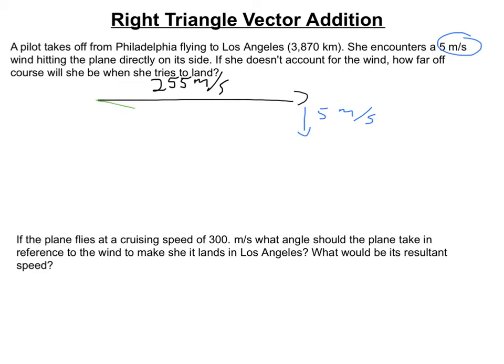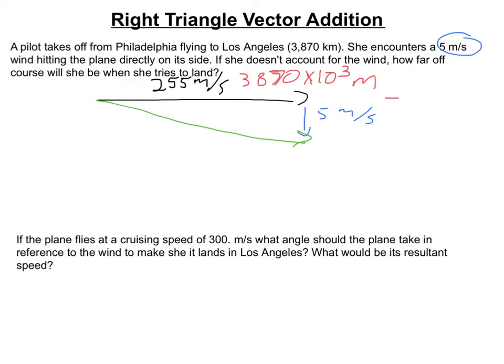But this isn't looking for the resultant of this triangle. Instead, it gives some other details here. So let's change colors. It says that the distance between them is 3,870 kilometers. Well, remember, kilometers means times 10 to the third here. Okay, so 3,870 times 10 to the third meters, and then it asks how far off course will she be when she tries to land.